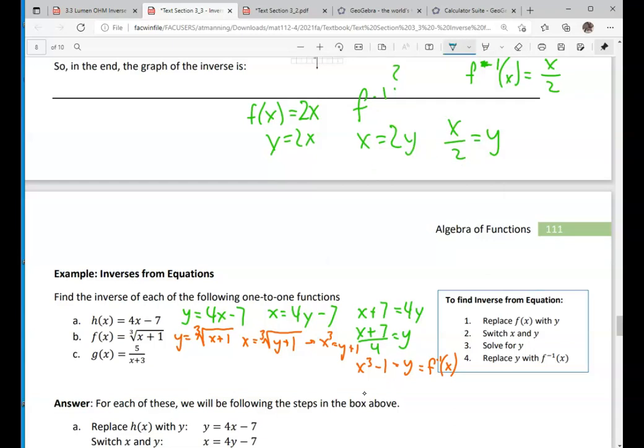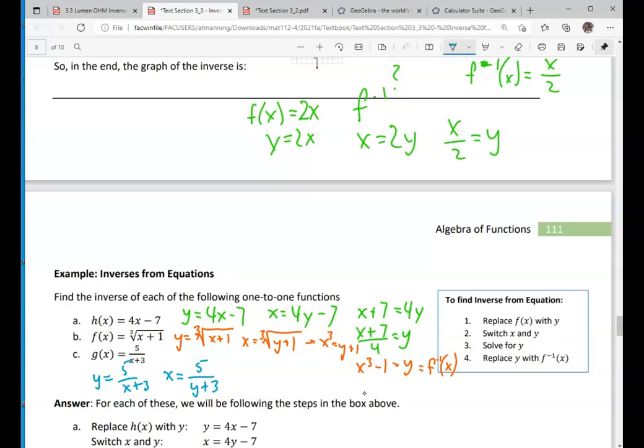So, we put y where the function is. Y equals 5 over x plus 3. Switch x and y now. X equals 5 over y plus 3. Now, how do we get y by itself? It's a little tougher. Let's multiply everything. Whenever you see something at the bottom, you don't want that to be in the denominator.